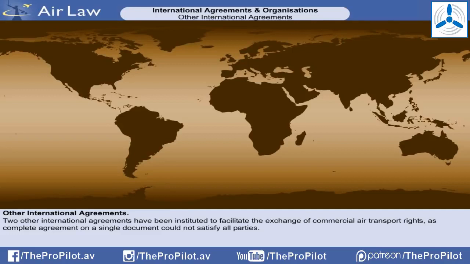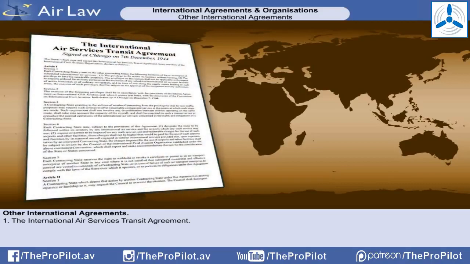Two other important documents have been developed to accommodate the ICAO's desire to facilitate the exchange of commercial air transport rights. Not all signatories were originally able to agree to this desire, so two supplementary documents were created. These two supplementary agreements establish important international aviation freedoms. The first agreement, the International Air Services Transit Agreement, makes provision for aircraft of any participating state to fly over or land for technical reasons in the territory of any other participating state.